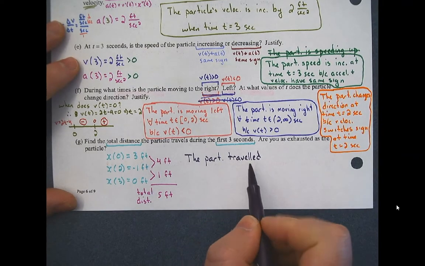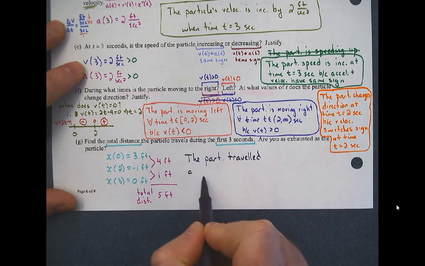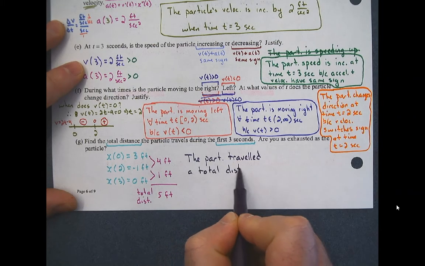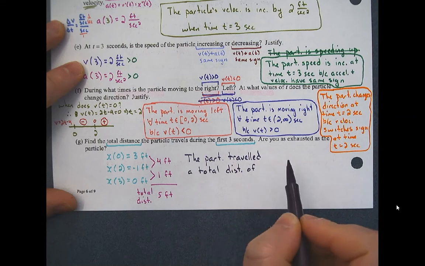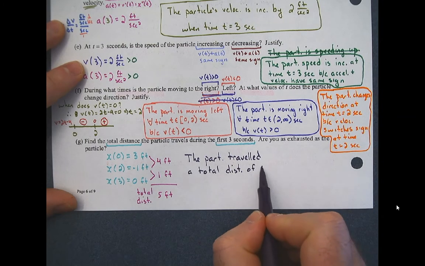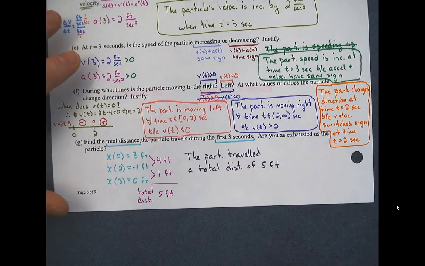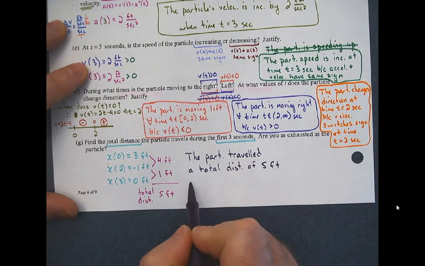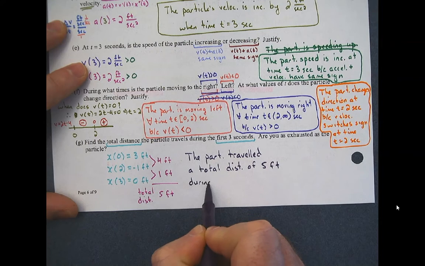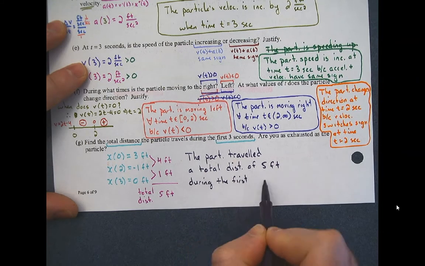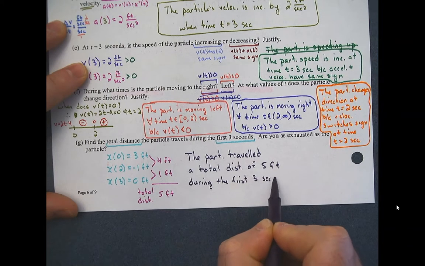The particle traveled a total distance of 5 feet. Now, you can't just say 5 feet. You have to say when. During the first 3 seconds.